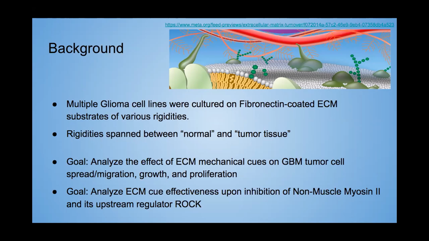And then I think tumor tissue is going to be something above that. They don't really say, but it would probably not be up to 119 kilopascals. They just use normal and tumor tissue very loosely at one point in the manuscript.